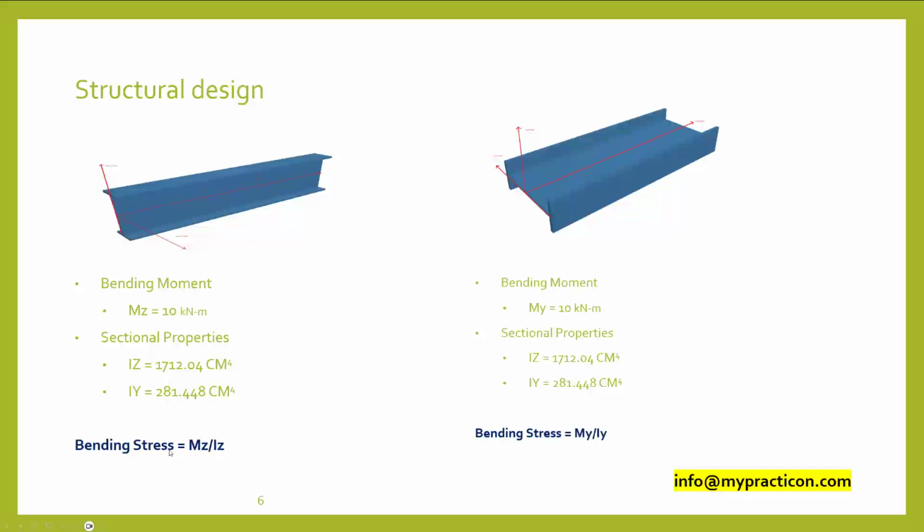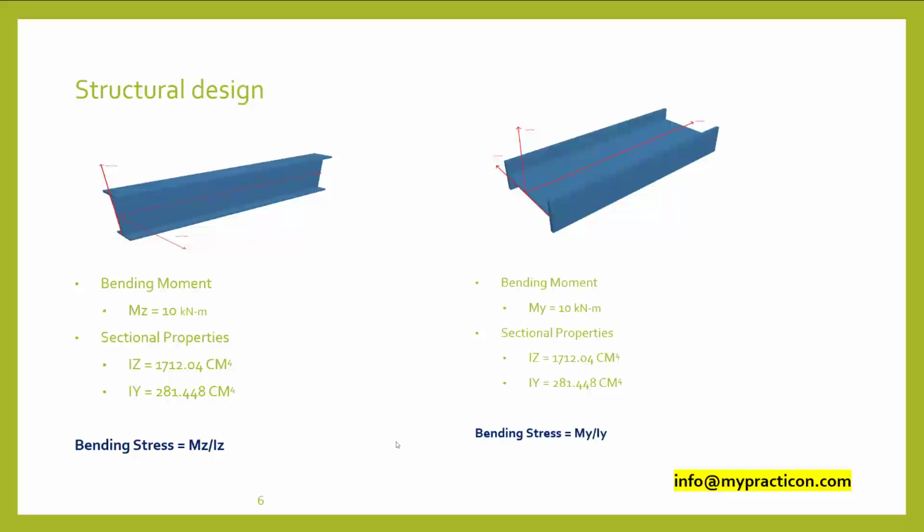At the same time, the bending stress here is Mz by Iz, and here the bending stress is My by Iy. So the stresses, and hence the utilization ratio, will be considered according to the local axis, right?